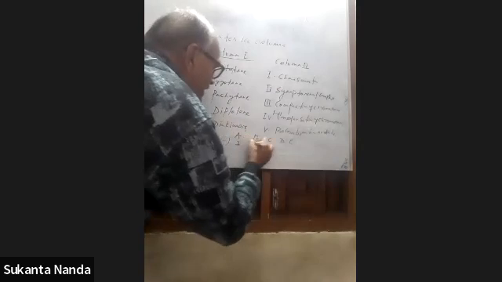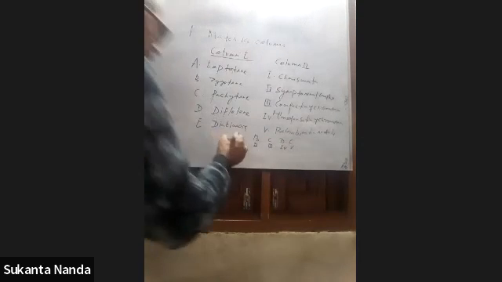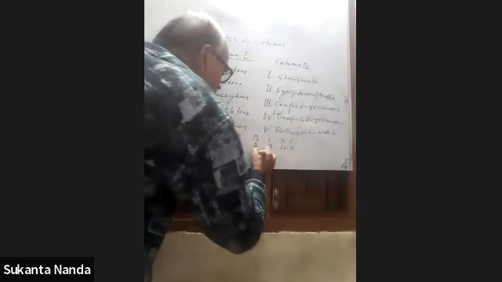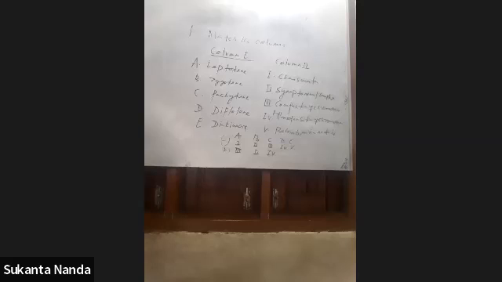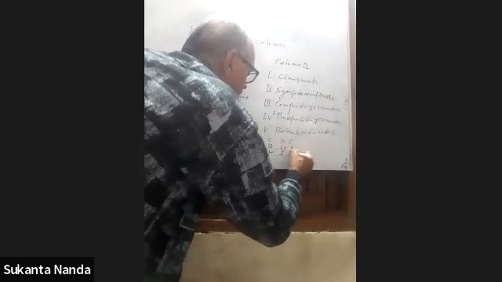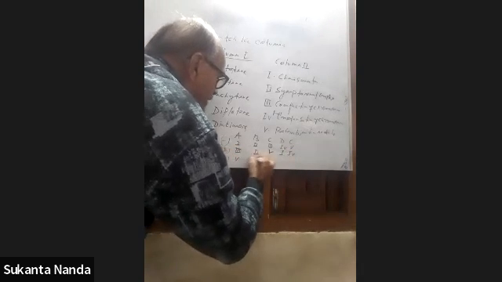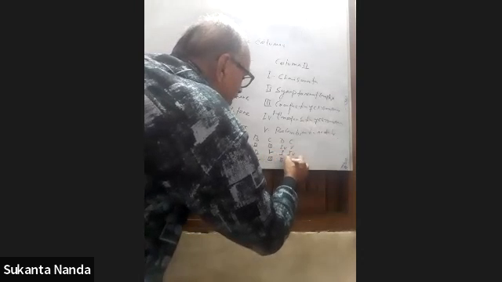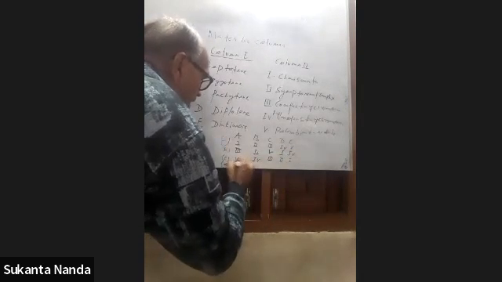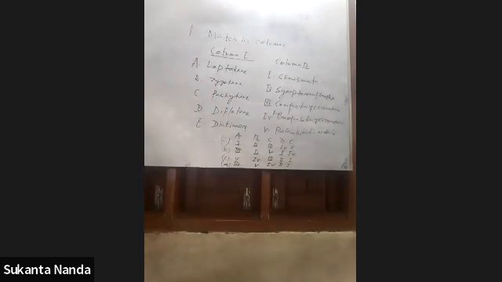Option A: III, II, IV, V, I. Option B: III, II, V, I, IV. Then option C: V, I, II, III, IV. And option D: III, I, V, II, IV. Okay, students, now give your answer.